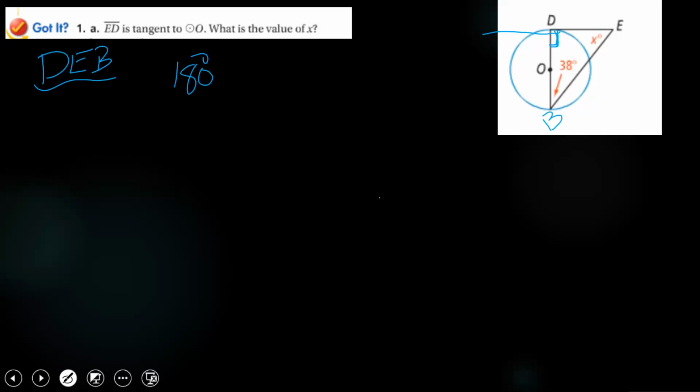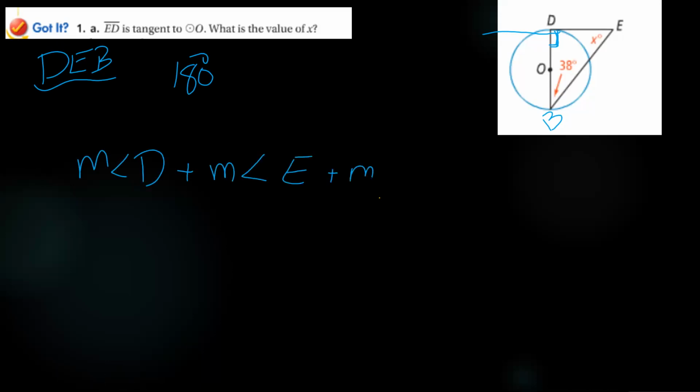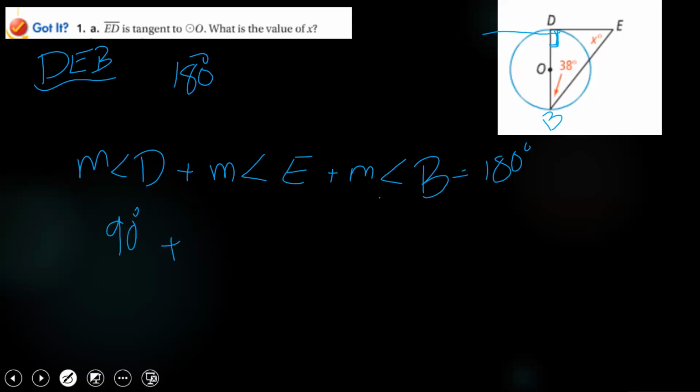So the measure of angle D plus angle E plus angle B is 180. What is the measure of angle D, since the radius is perpendicular to the tangent line? It is 90. And angle E is X. And B is 38.